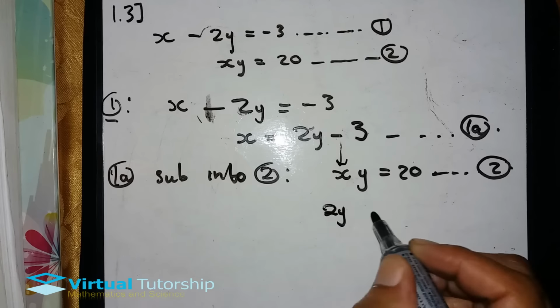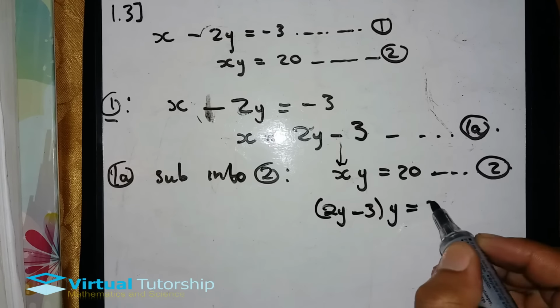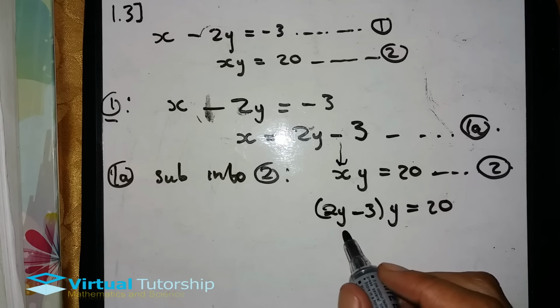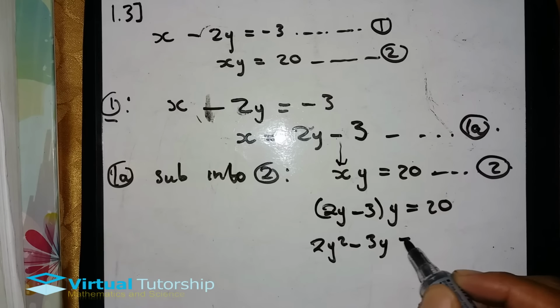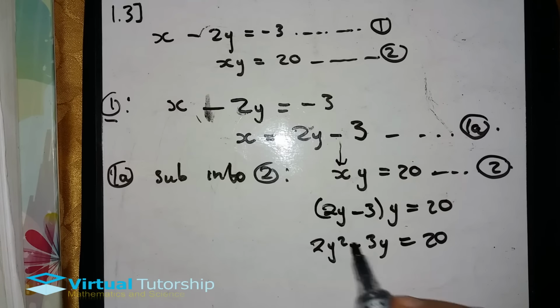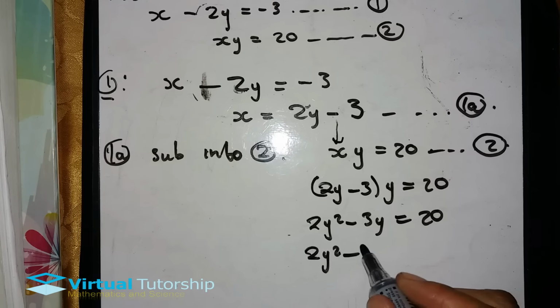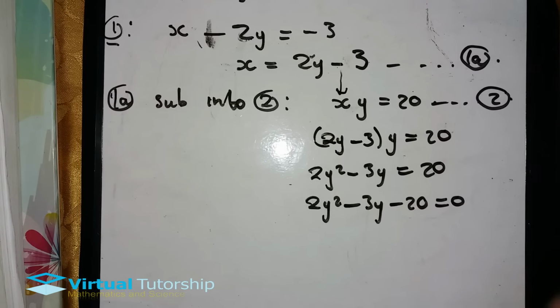So it is 2y minus 3, times y is equal to 20, and then remove this bracket by multiplying by y. I will have 2y squared minus 3y is equal to 20. So now I have y squared, meaning this equation will be quadratic. Minus 20 is equal to 0.